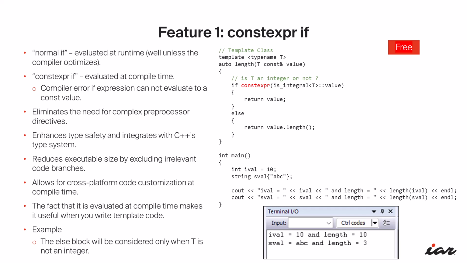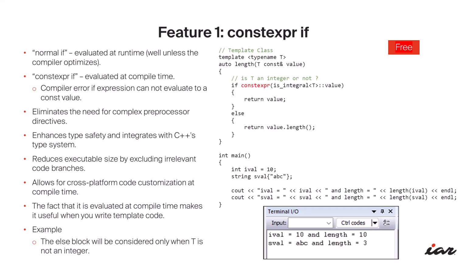Looking at the output, if it's an integer with the value 10, you get the length 10, which is maybe not that obvious or clever coding, but it's just an example. And in the string case, you actually get the string length, which is 3 here. So this shows how this is evaluated completely at compile time.